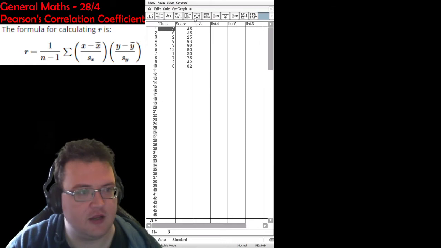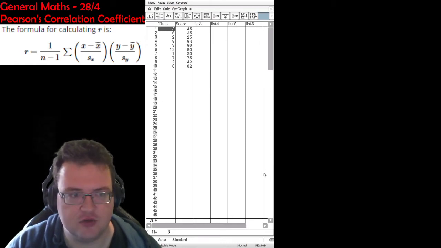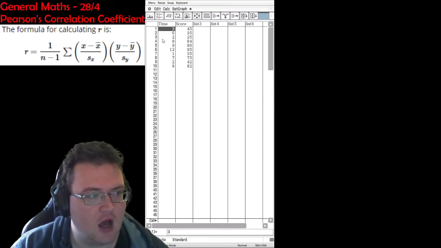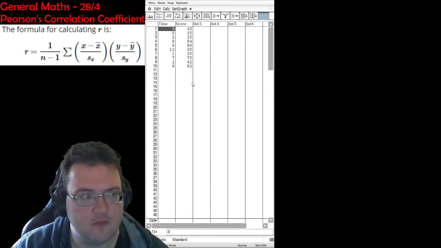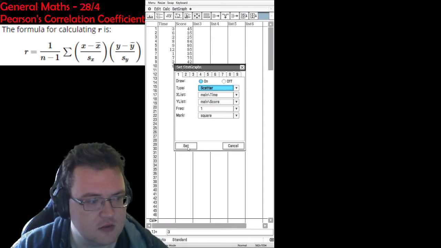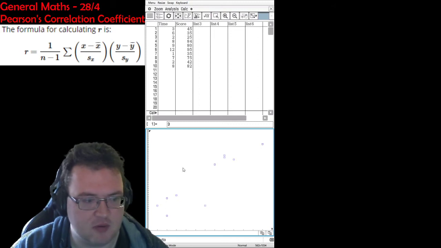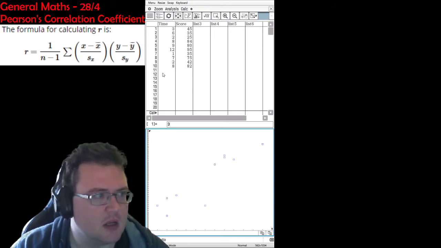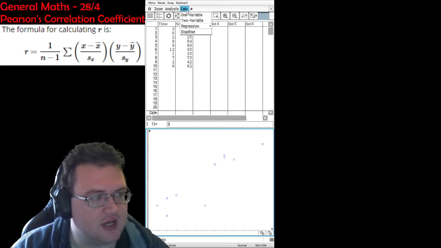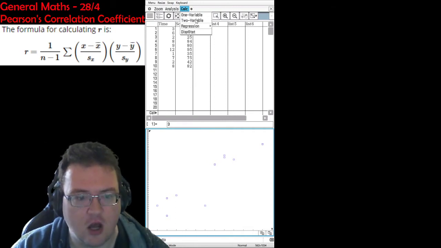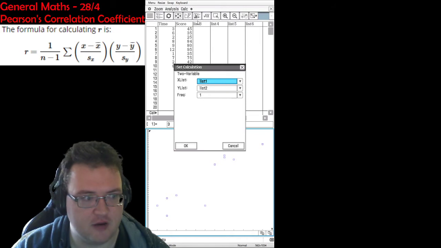So if I bring up my data set that I used for another video, I have two values here and I can create my scatter plot as always. So I have a lovely scatter plot here. What I can then do is go into calc. Now, because I have two sets of data, I need to use two variables.